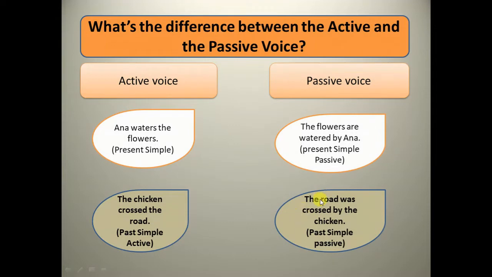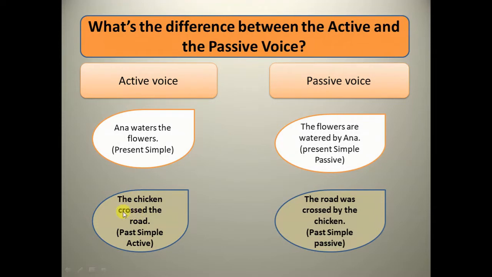So the road here becomes a subject, and in the active voice the road is an object. So we take the road here, the subject, and then we check the main verb.